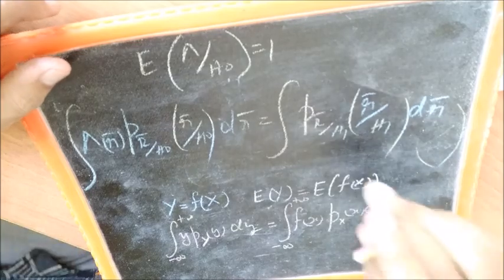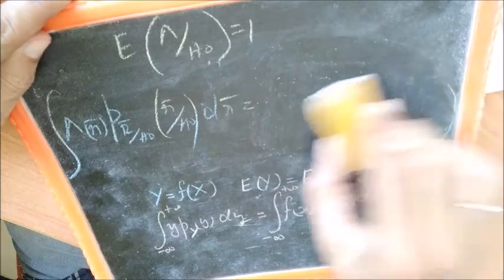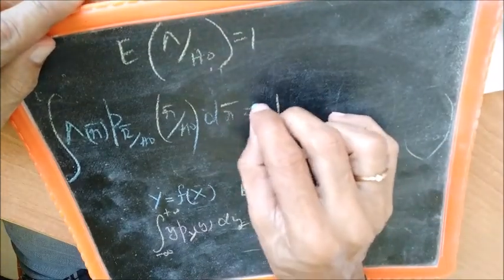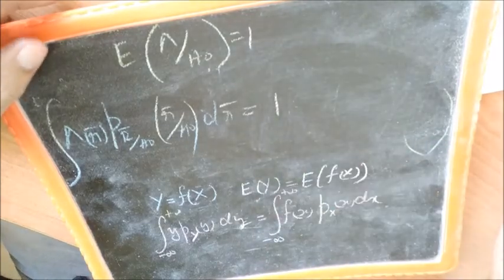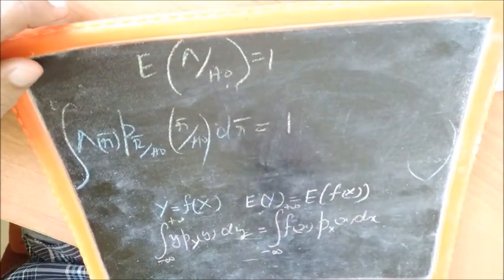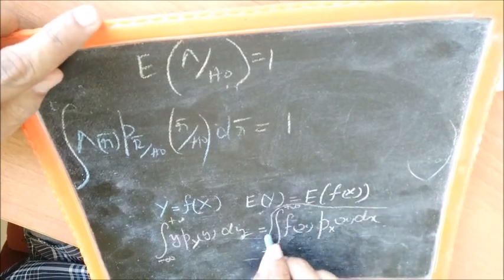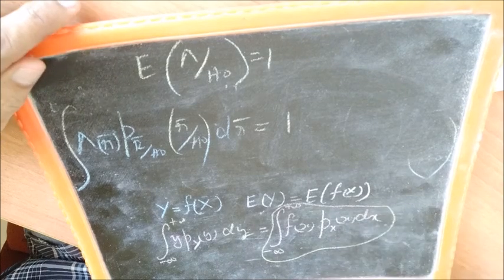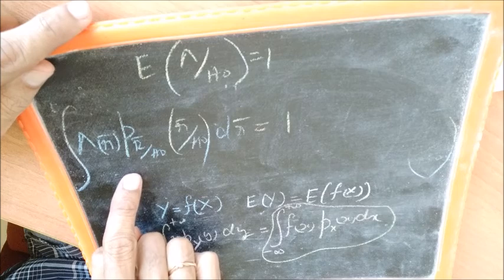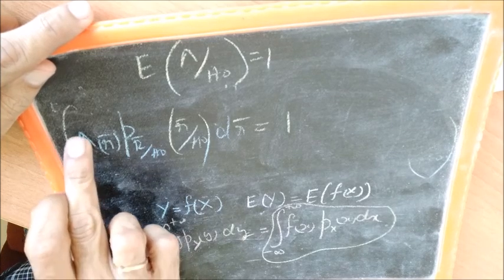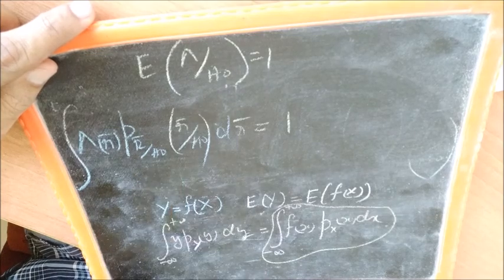By definition of a density function, the right hand side has to be 1 because you are integrating the density function over all possible values which the random variable or the random vector can take. And on the left hand side, what you have is something similar to this. So this on the left hand side has to be equal to the expected value of the likelihood ratio given H0 is true.